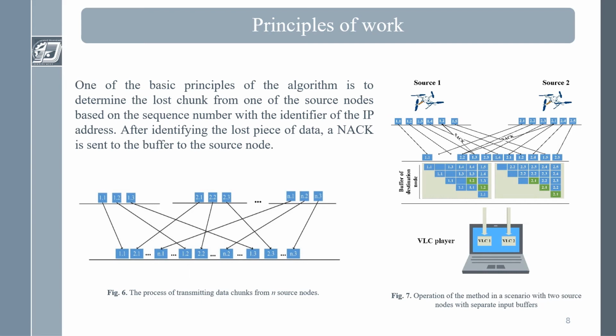Now the ARQ comes to the second source node after the second piece of data. At this time, the third piece is sent, and after that, the first piece of data is resent from the second source node. All chunks are sent to the buffer, after which, in accordance with the port number and IP address, they are broadcast to the VLC application.